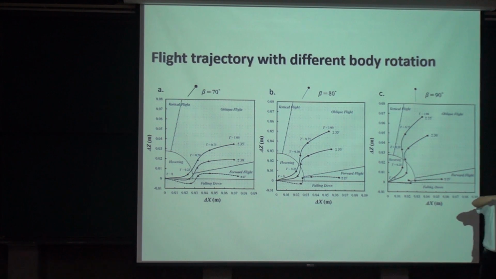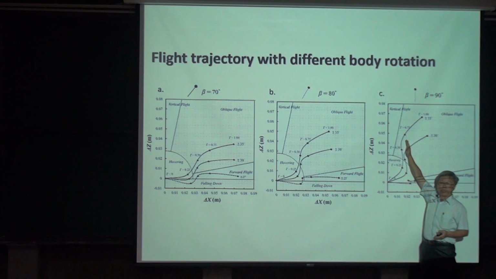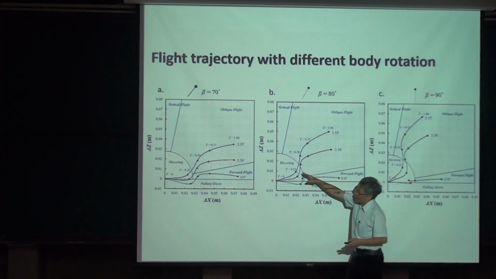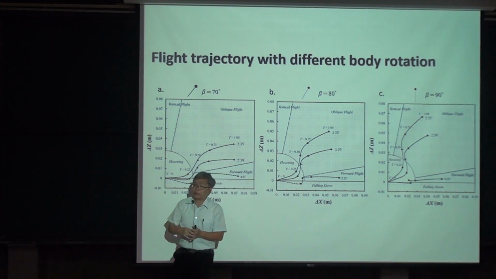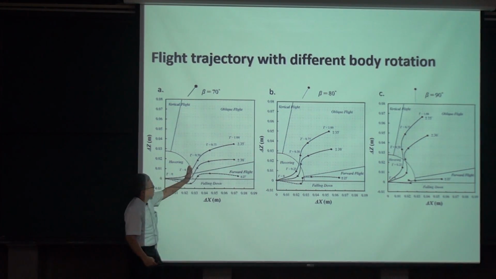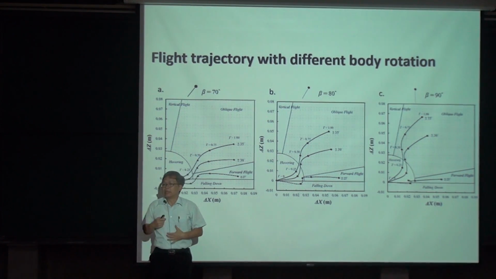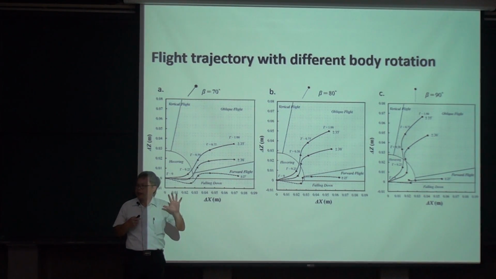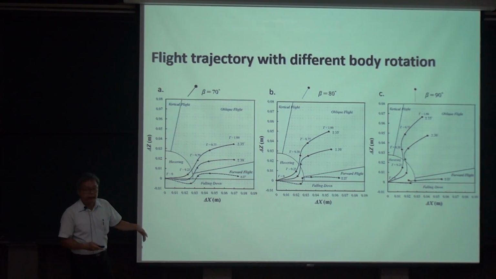And then 70 degrees, that's an inclined angle. We found that the trajectory will be different. For this one, it will fly vertically. For this one, it is not vertical. So the butterfly will fly this way. Okay, so the angle of the body must have some function.